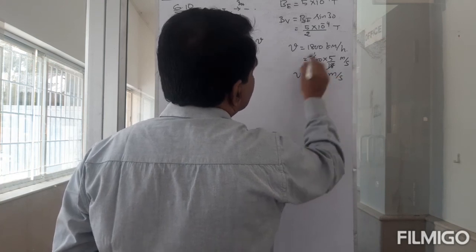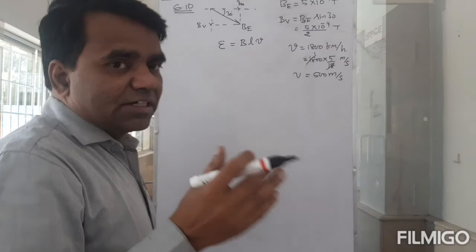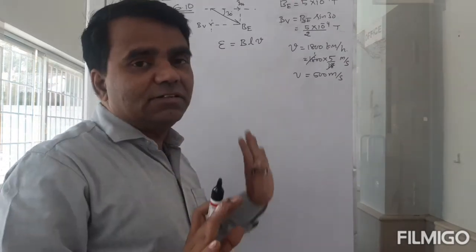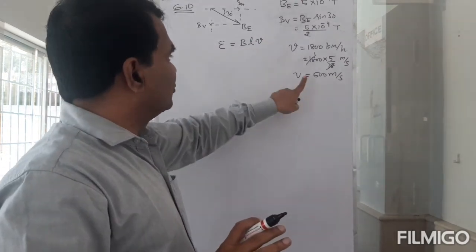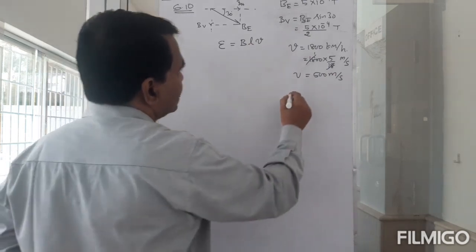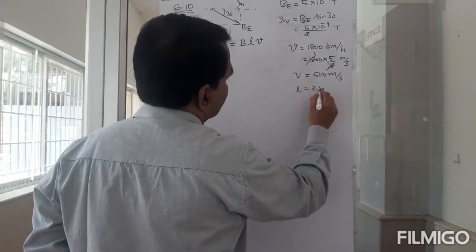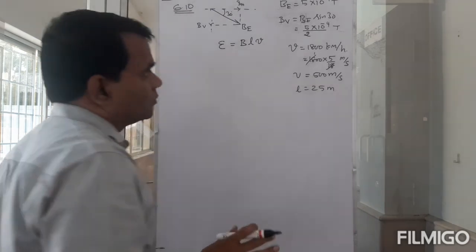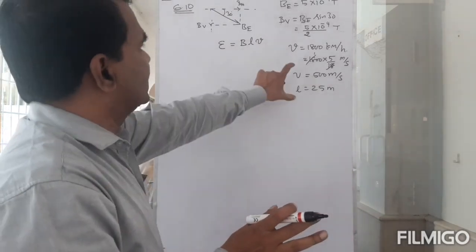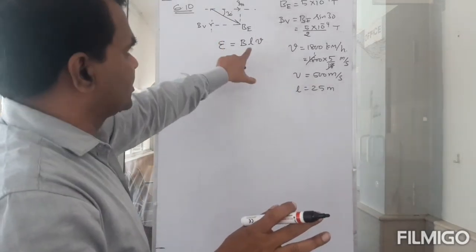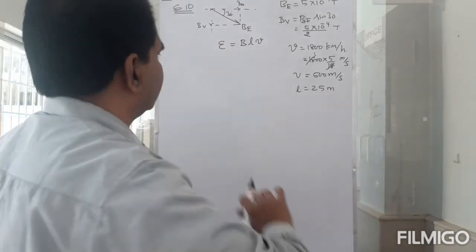So the speed is either 1800 km per hour or 500 meters per second. So we got B, we got V, and L you know to be 25 meters. Now it's merely a question of plugging those numbers into this equation and finding the answer.